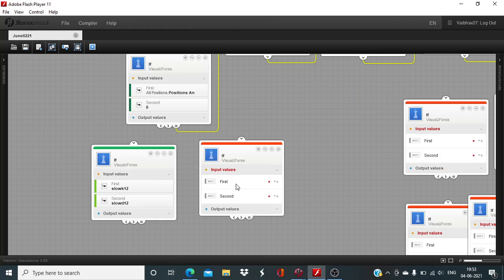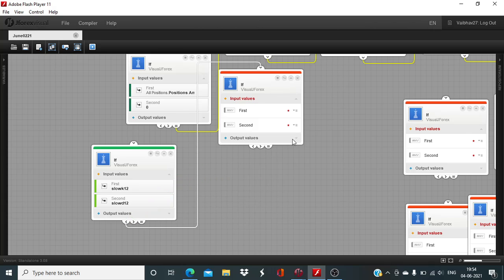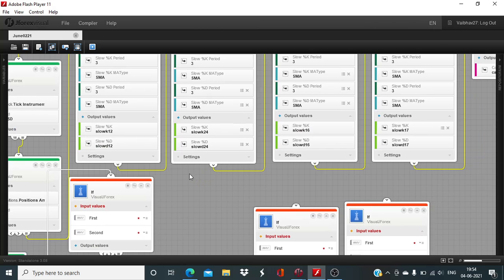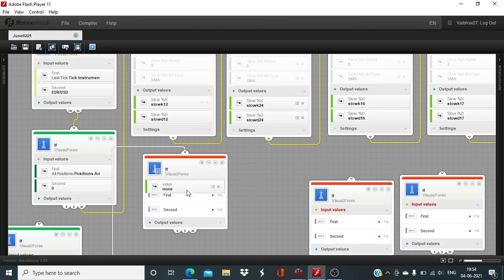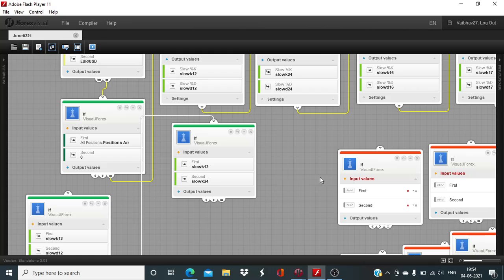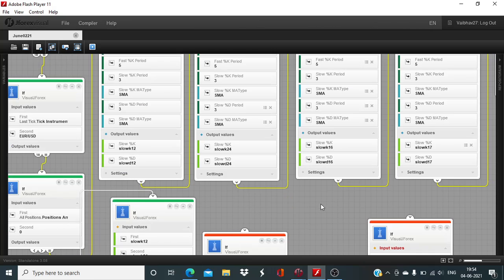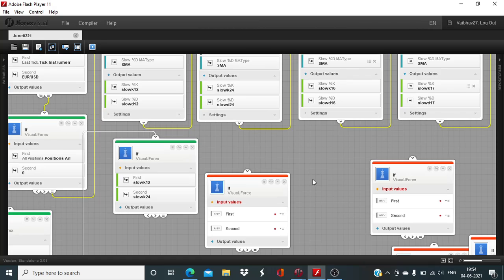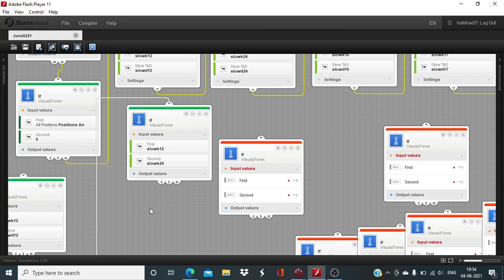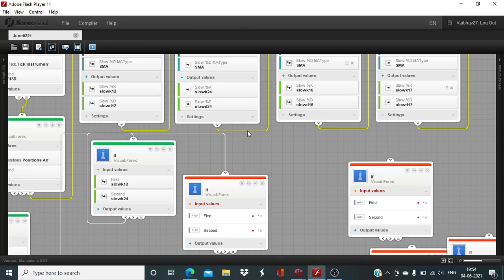First input less than second input, and slow K12 should also be less than slow K24. This block has a lookback period of 2, so there is the penultimate candle of the 4 hours, and first input less than second input.